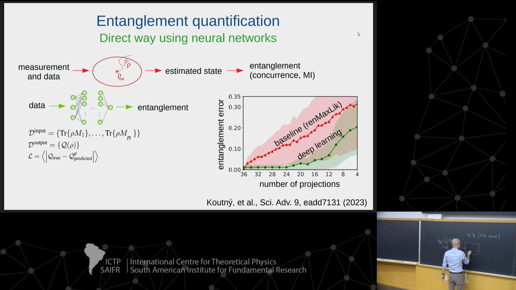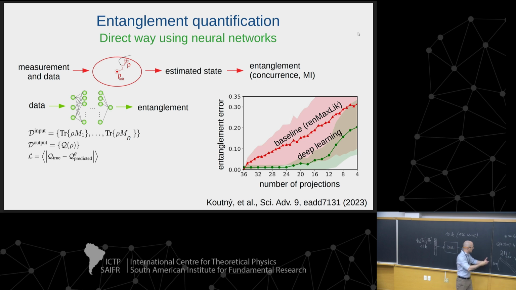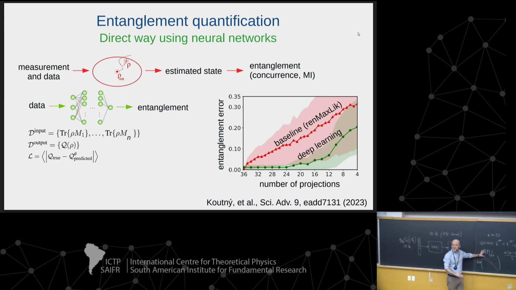This is the input to our deep neural network, which spits out the entanglement quantification we want, so in our case the quantum mutual information, 45 elements.